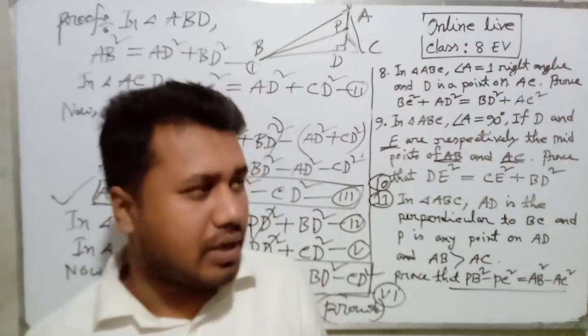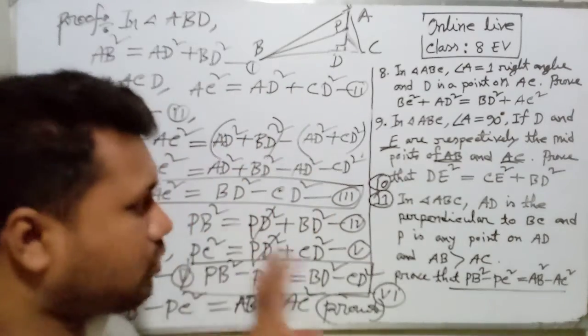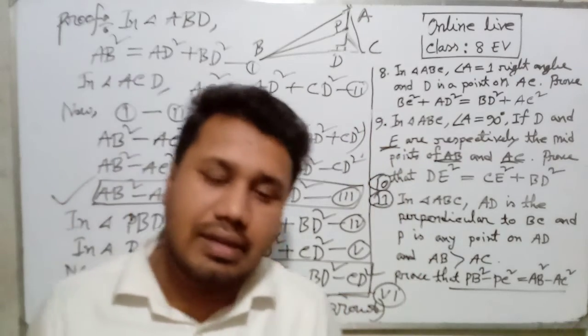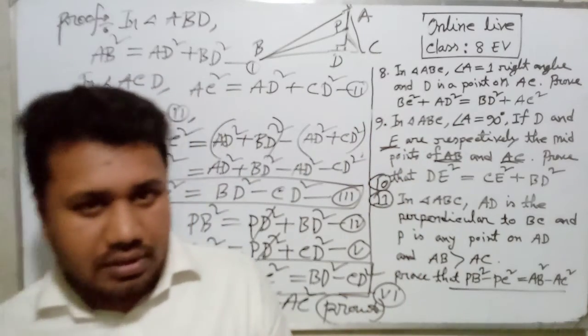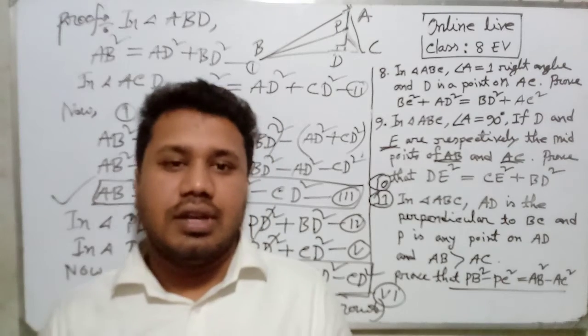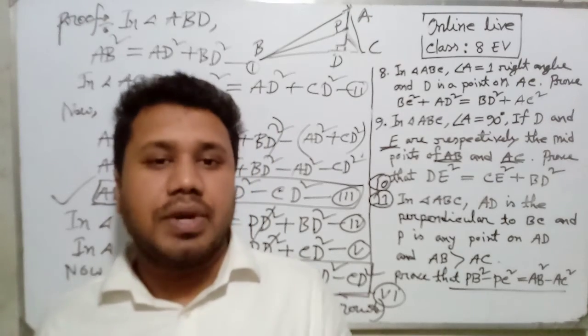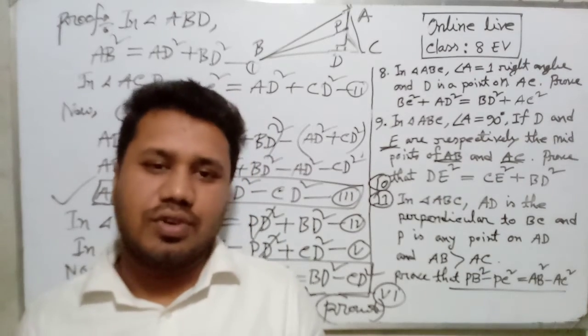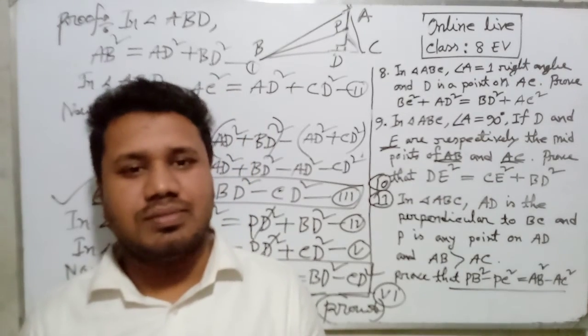If you go through problem numbers 1 to 11, you will get the answer of problem number 23. Clear dear students? Now take your practice more and more, then it will be easier for you. Thank you.